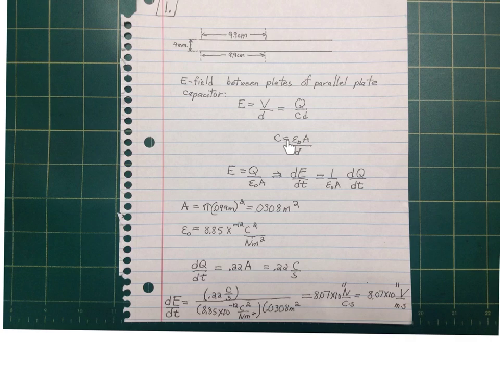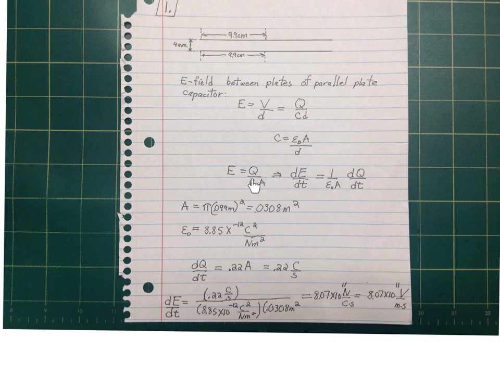For an air-filled parallel plate capacitor, it will be equal to the permittivity of free space times the area of each plate divided by the separation between the plates.